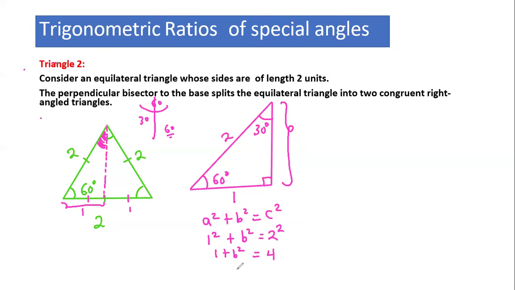So as we continue, you're going to get 1 plus b squared is equal to 4.